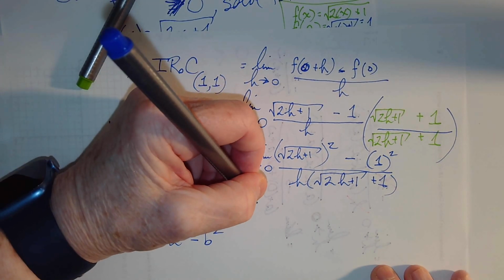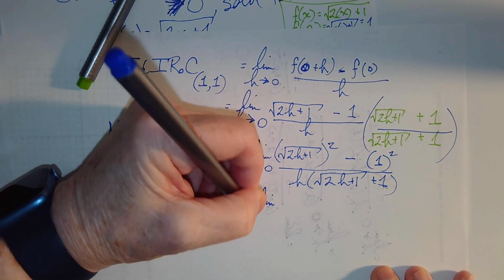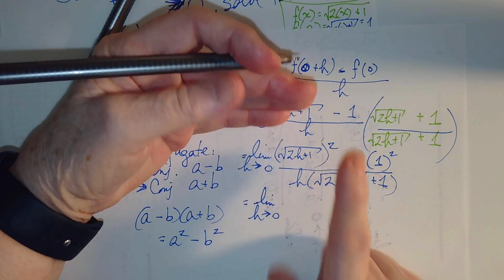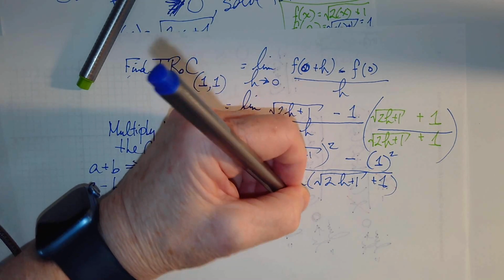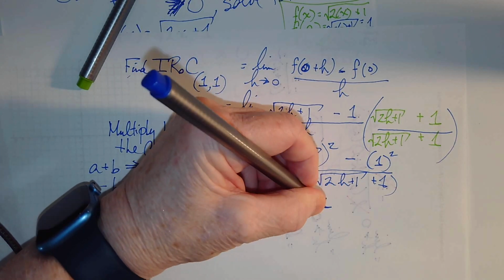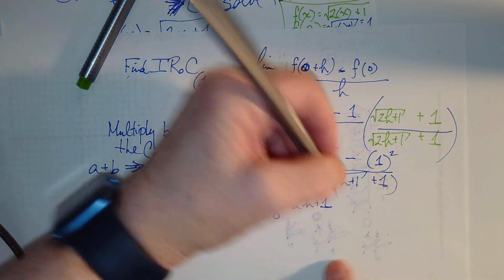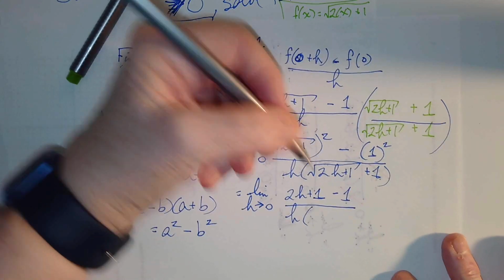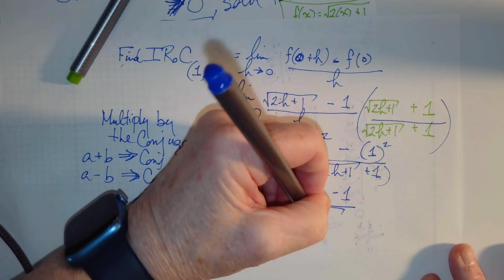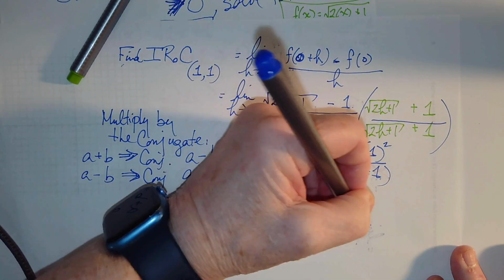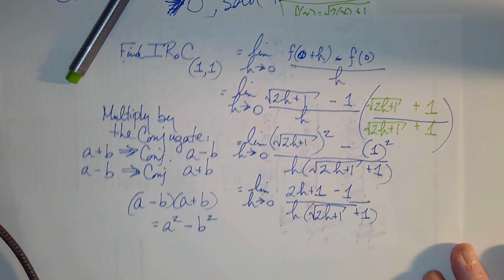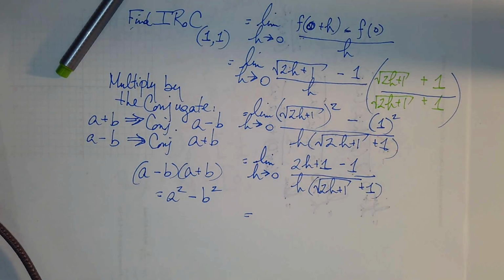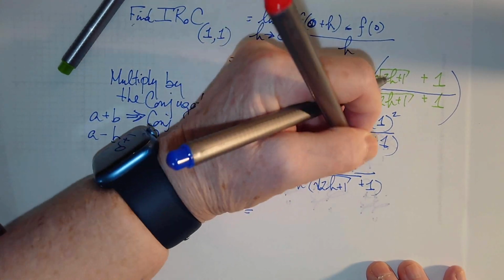And now this is very happy. We have the limit as h goes to 0. Square root squared, we're just left with what's inside. So 2h plus 1. 1 squared is 1, so minus 1, all divided by h times the square root of 2h plus 1 plus 1. In the numerator, the ones add away.